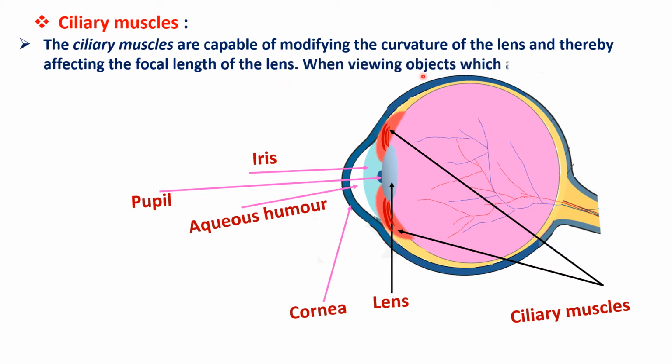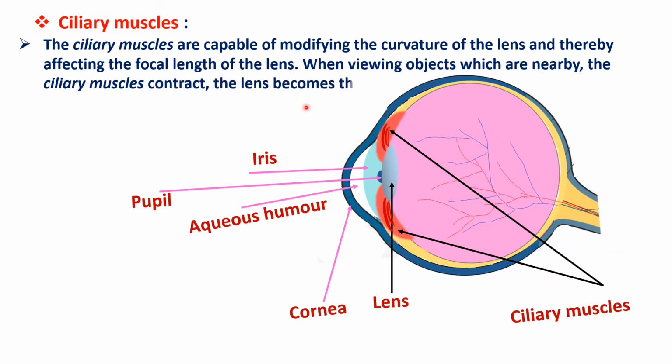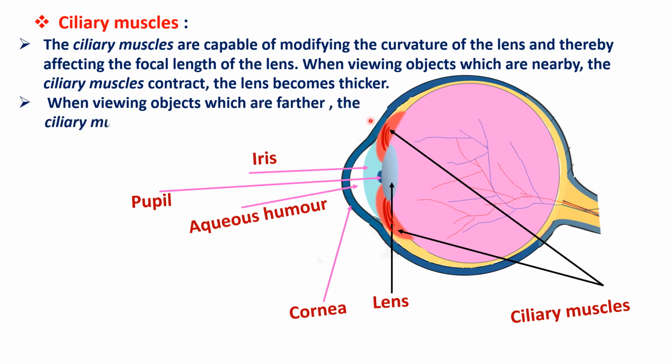When viewing objects which are nearby, the ciliary muscles contract, the lens becomes thicker. When viewing the objects which are farther, the ciliary muscles relax, the lens becomes thinner.